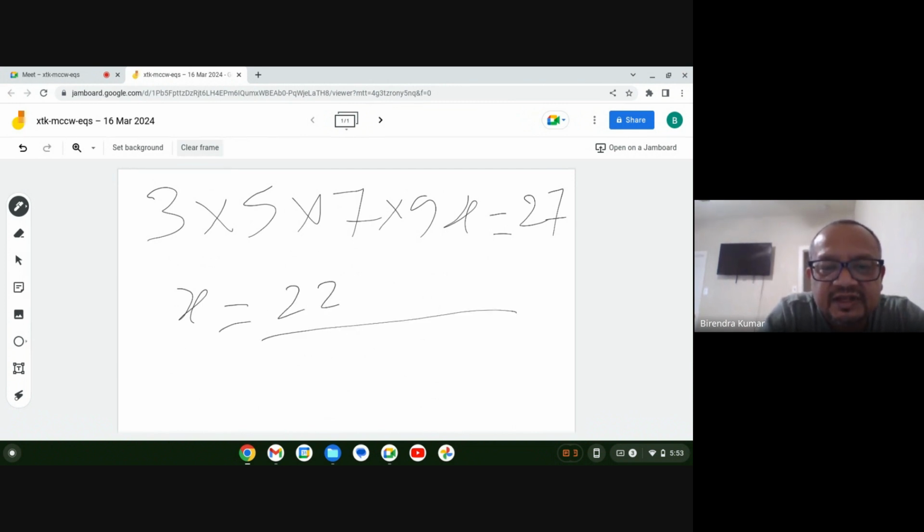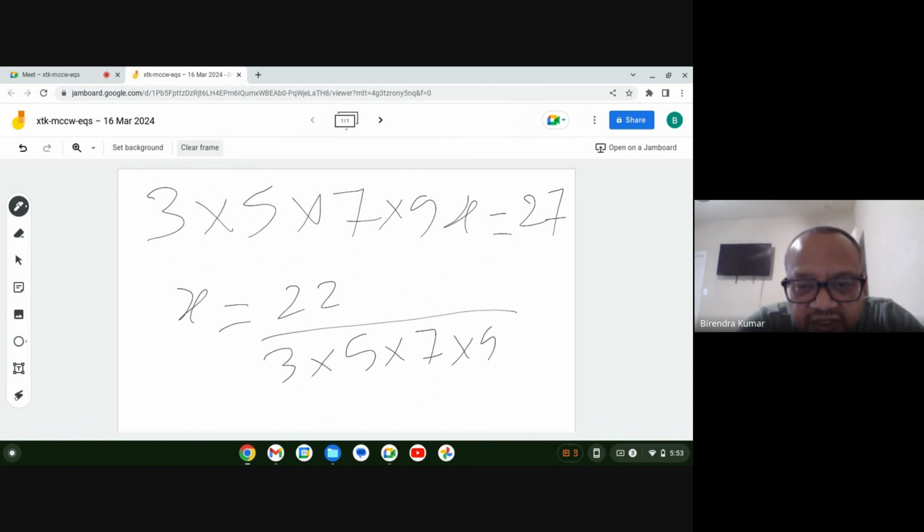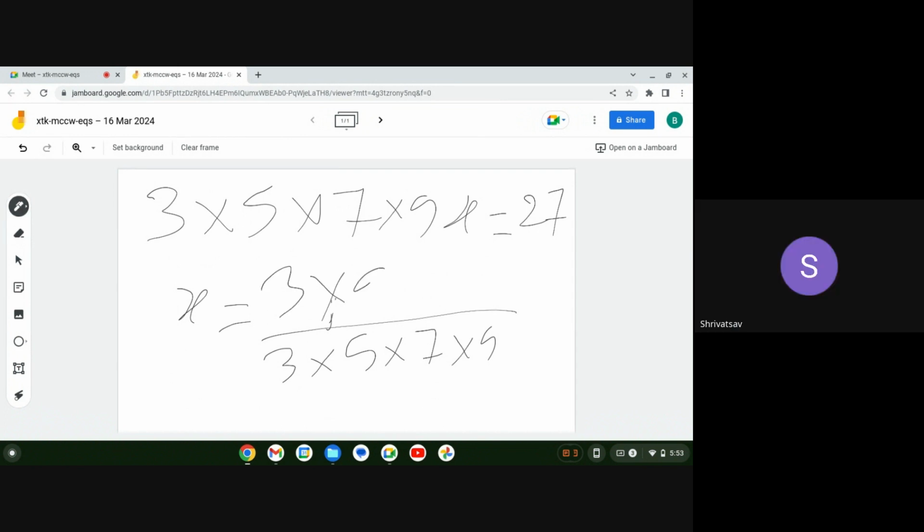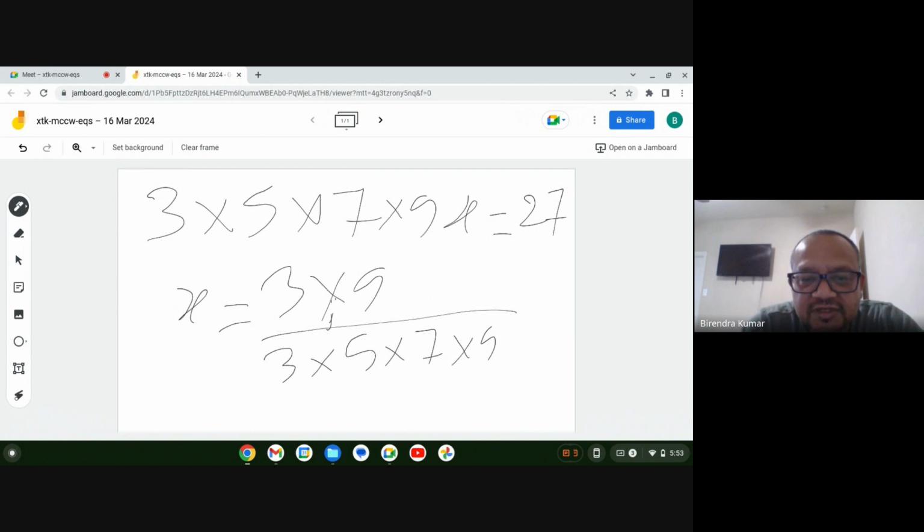I will say 3 into 5 into 7 into 9. I just kept the x on one side. And then I know that this is 27, so I can write 27 as 3 into 9. And I can do tic-tac-toe on one side: 9, 9, 3, 3 gone. So this becomes 1 by 7 into 9, or whatever it is.